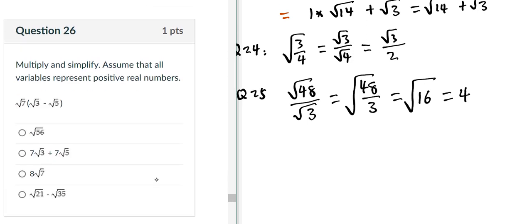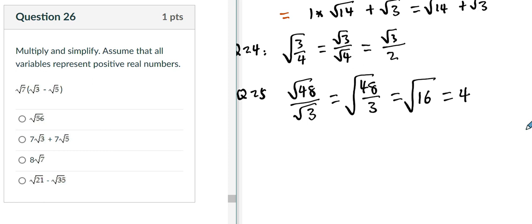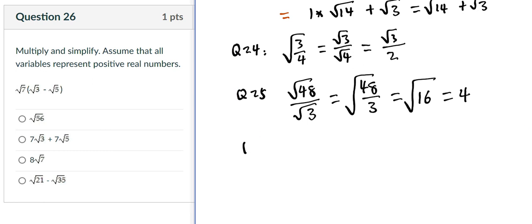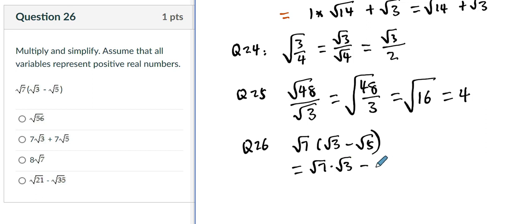Now, 26. For 26, you use the distributive property. Radical 7 times radical 3 minus radical 5. So you will have radical 7 times radical 3, and then subtract radical 7 times radical 5.